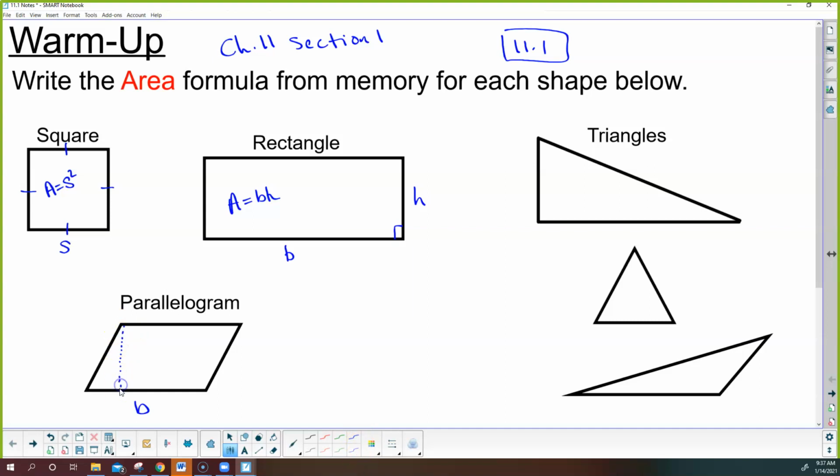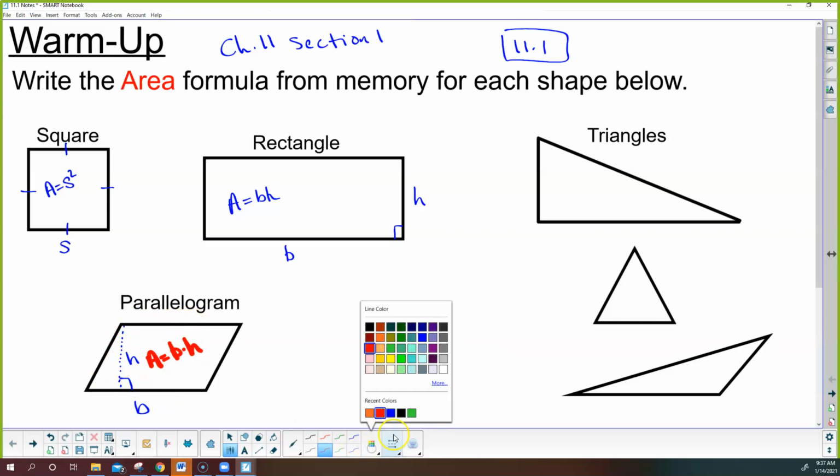And they usually use a dotted line with a 90-degree angle to represent the height. So then I'm going to do this in a different color. The area of a parallelogram is the base times the height, and the height is indicated to show the perpendicular distance between the bases.